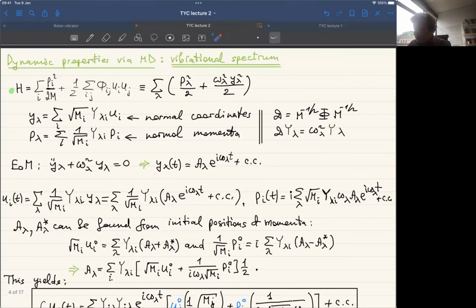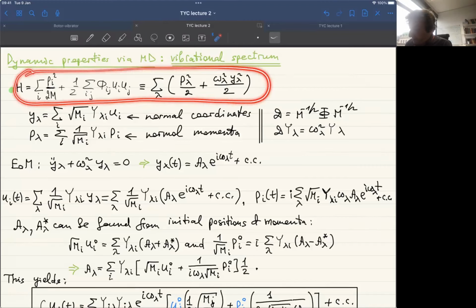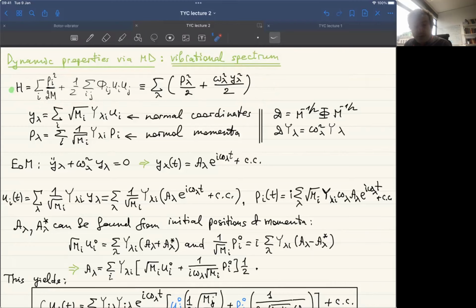So let's summarize what we've got so far. We have the Hamiltonian in the harmonic approximation of our system, which can be written via normal modes as the kinetic energy and potential energy for a single harmonic oscillator. And when we sum over all normal modes, all these harmonic oscillators are independent of each other.